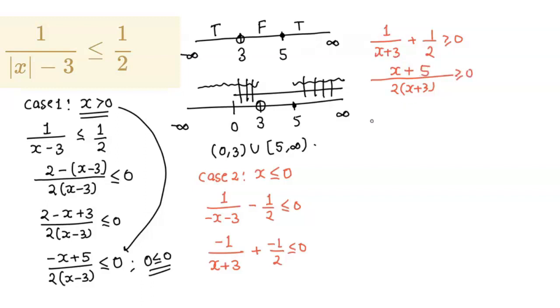Now I am going to draw a number line for this case, and this is minus infinity to infinity. So I am going to directly take our cases. First, the case is less than or equal to 0. So I am directly drawing this number line.